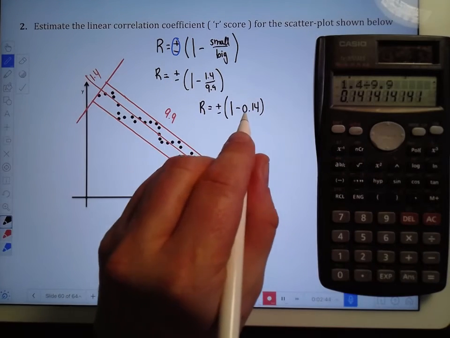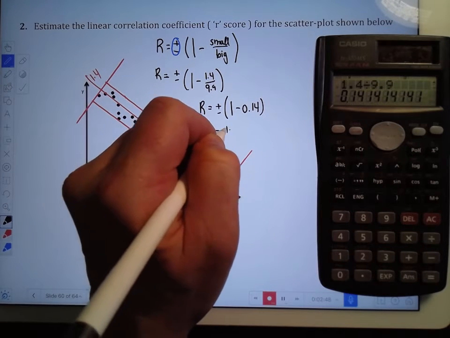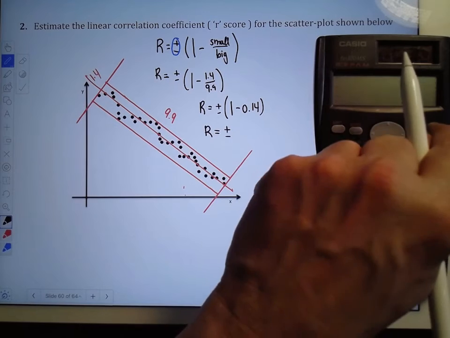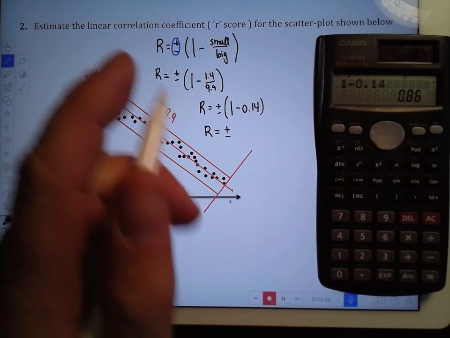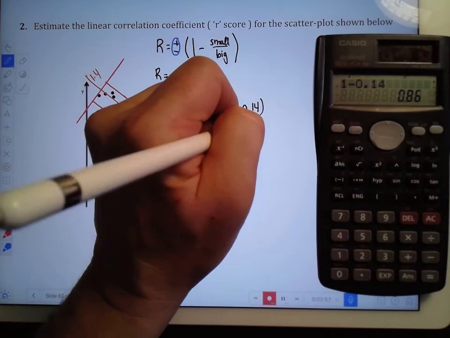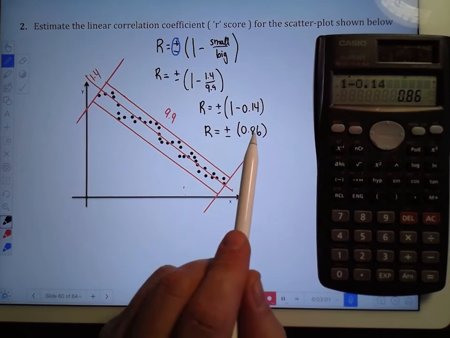We'll do that subtraction. One minus 0.14 is going to be equal to 0.86. And we're done with the number component.